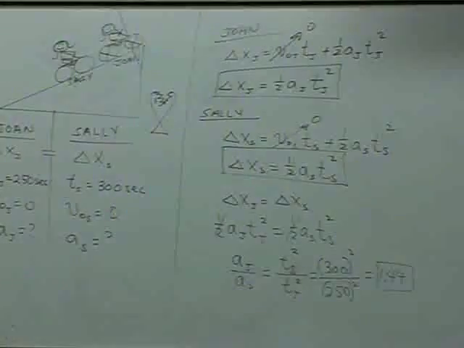So it's just a ratio. Joan is actually accelerating at 44% more than Sally. You kind of get an idea of how to approach these. I mean, we've actually done some of the harder ones here.